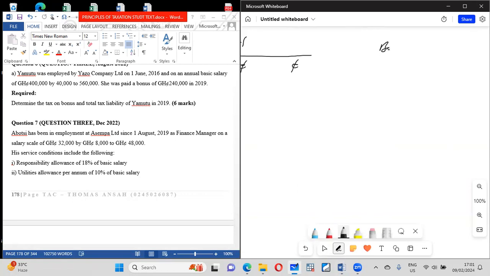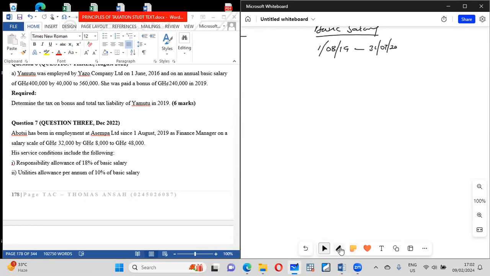So the basic salary from August 2019 to July 2020, we are doing for 2021, the first pay will be what? 32,000.